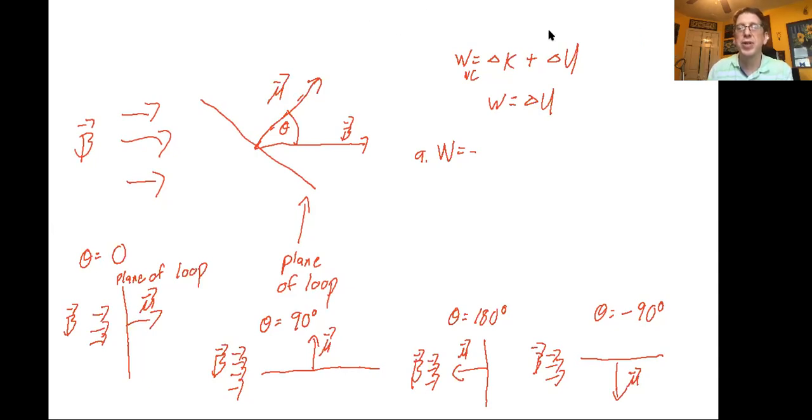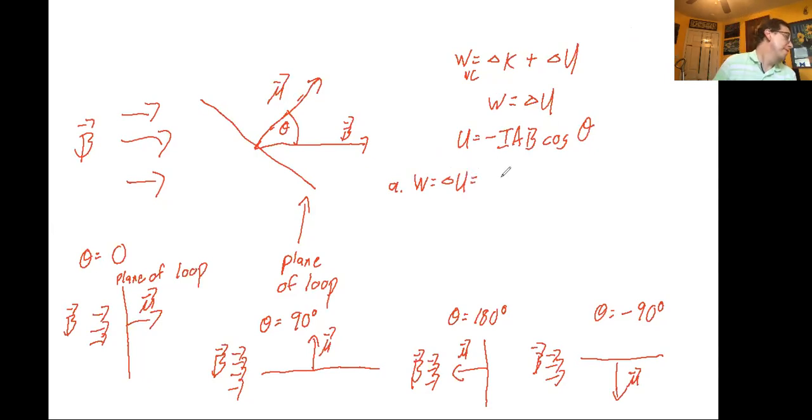The potential energy is equal to negative I A B cosine theta. So for part A, the work done is equal to the change in potential energy, and we're going from 0 to 180.